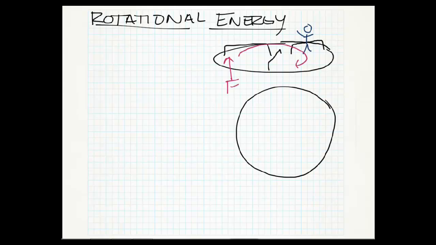Now, if we look at this, zoom in here on the top view of our merry-go-round. If we look at this, as we apply this force to this spot, the thing spins, and we get our angular displacement.